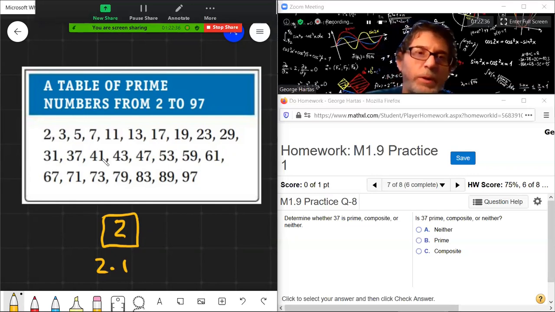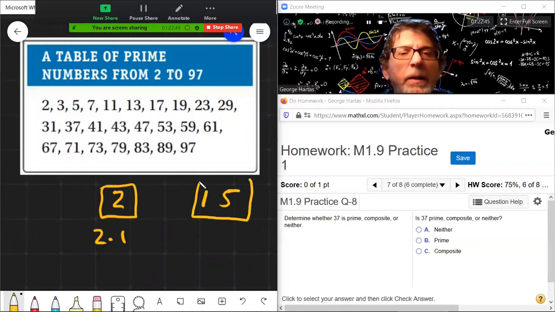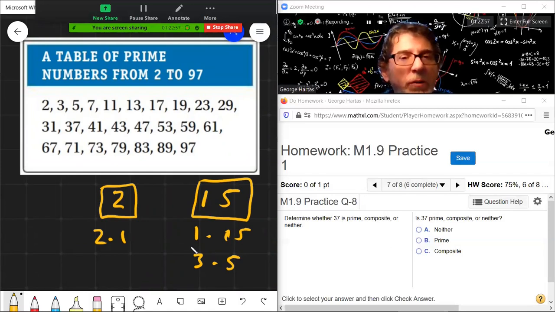All right, so here's what I mean. How about 15? Let's break that down. 1 times 15, 3 times 5. See that? 15 is odd, but yet it is not prime because of these extra factors down here.